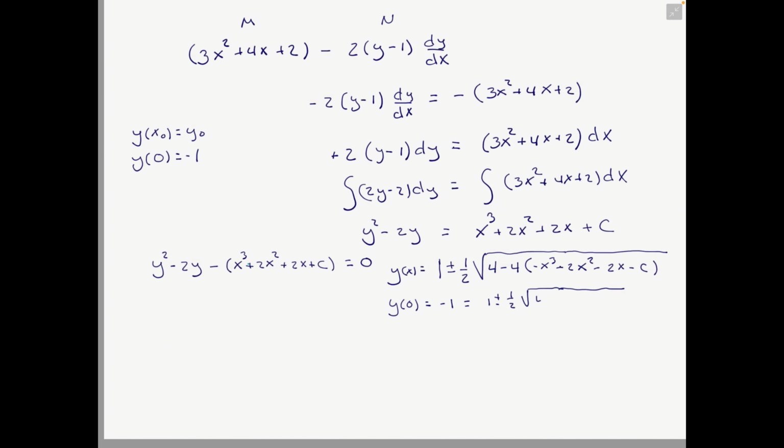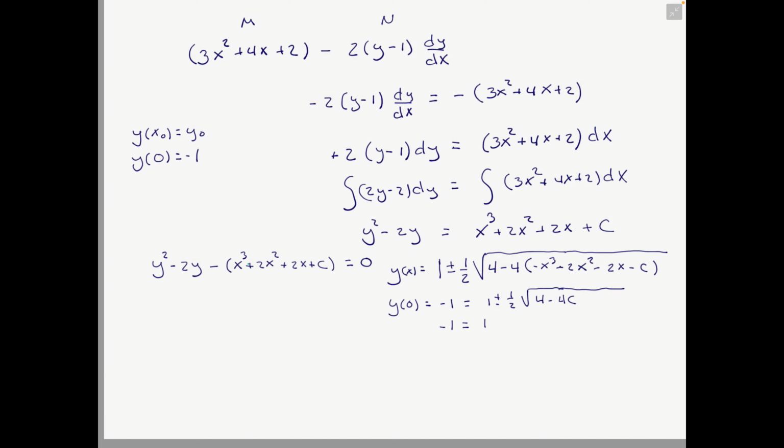And with this, we can put in y of 0 is equal to minus 1.